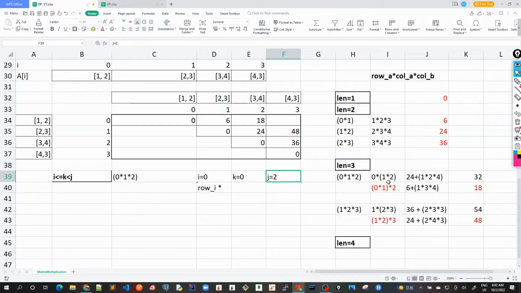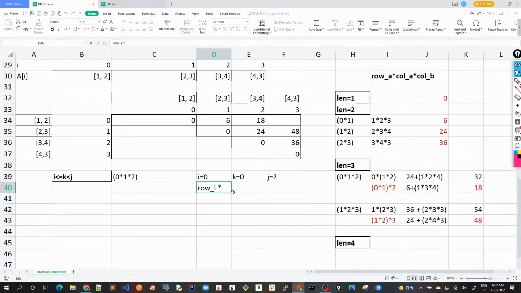So here again, this formula for 0, 1, and 2. We already got the answer for 1 and 2 in our previous problem, which is 24. And for this pattern, 1 multiplied by 2 multiplied by 4, we can write this in the base of i, k, and j.